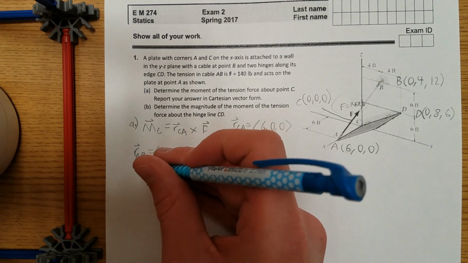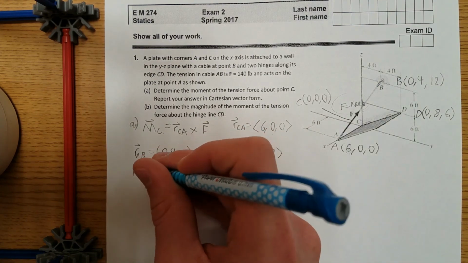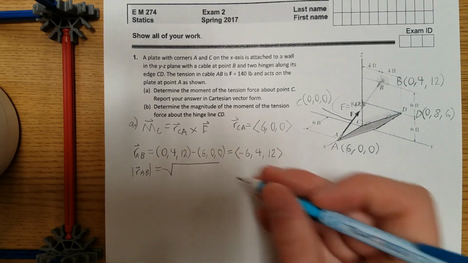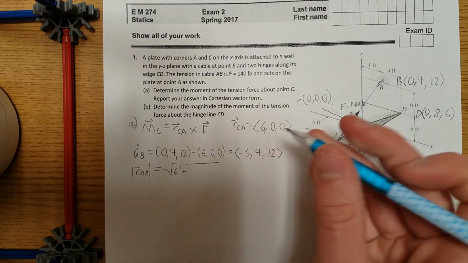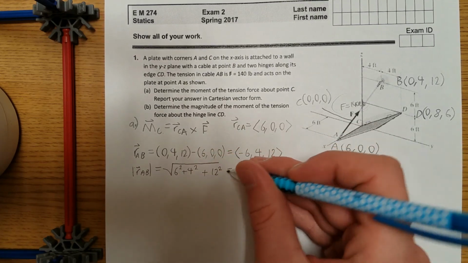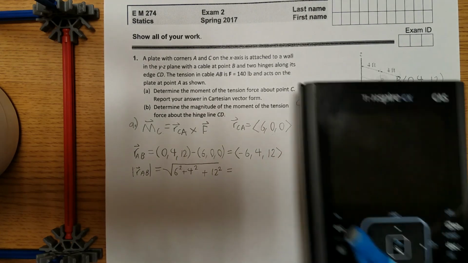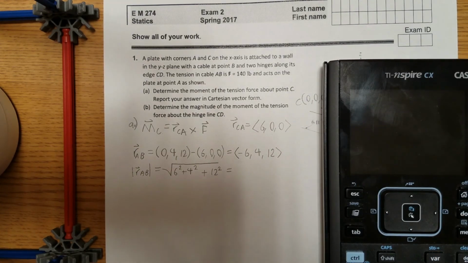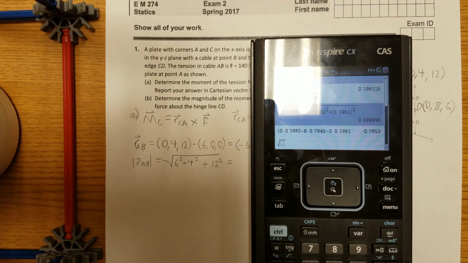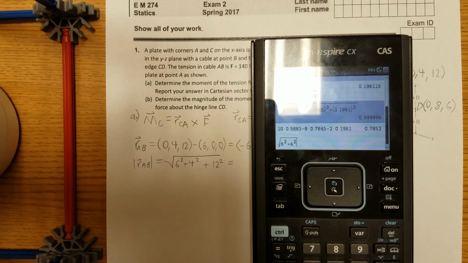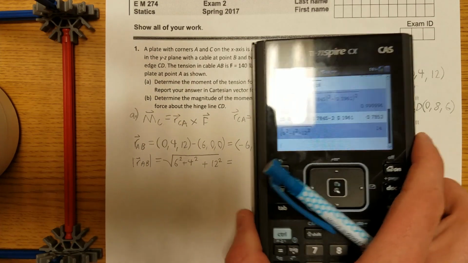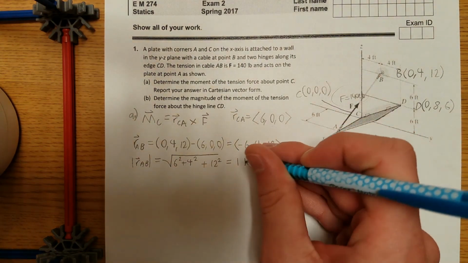And then we want to find the magnitude from A to B, which is going to be the square root of 6 squared plus 4 squared plus 12 squared. Taking the square root of that on the calculator gives us a magnitude of 14.